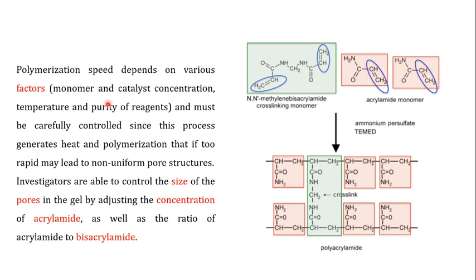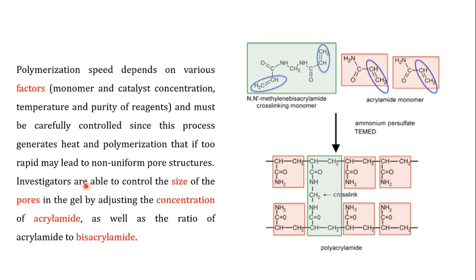So if you are not able to control these factors, you cannot have control over the pore structure. In the end you will be getting a polymer with a non-uniform pore structure, which can actually affect the separation of the proteins.